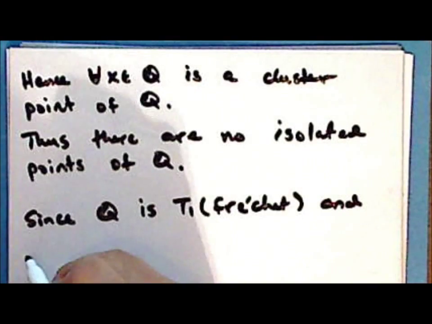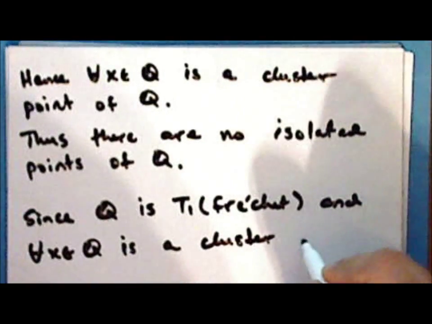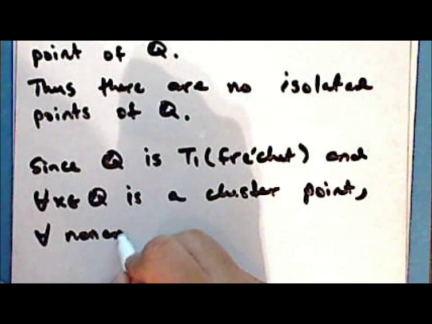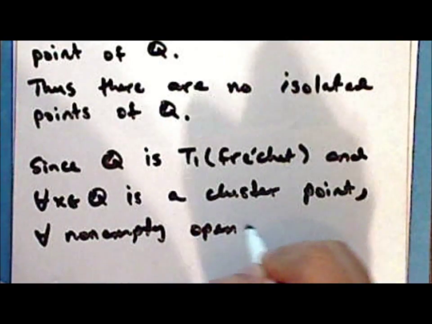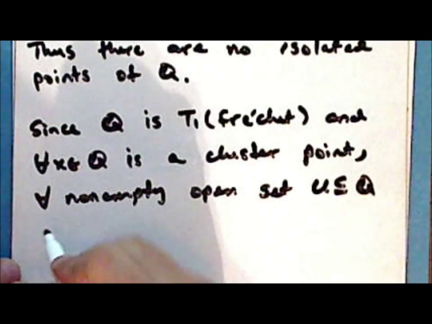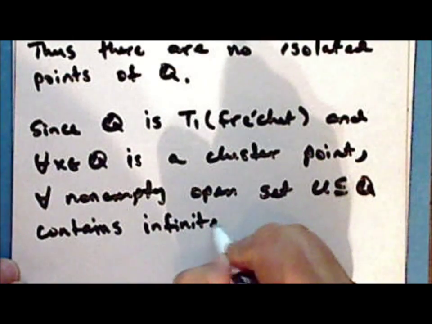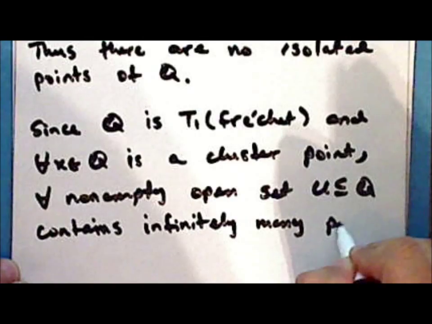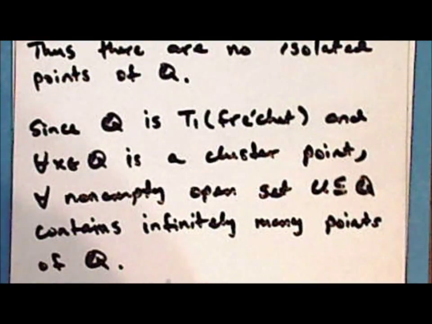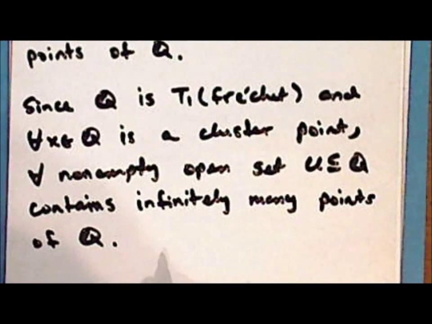And since it is also true that every point in the space is a cluster point, this means that every non-empty open set U in the space contains infinitely many points of the space, since for a T1 space, a point is a cluster point if and only if every open neighborhood of the point contains infinitely many points of the space.